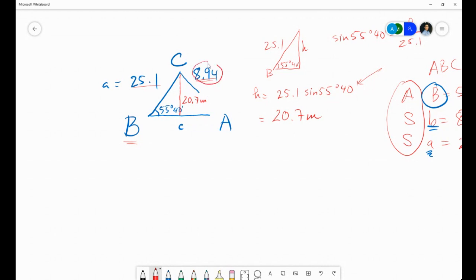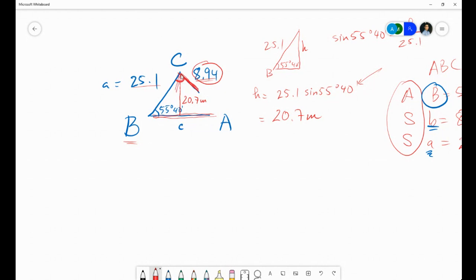You see this leg right here? This side is only 8.94. So that's why I drew it like this. 8.94 is not long enough for me to reach the bottom side to create a triangle. So this angle right here is free to swing however it wants to.